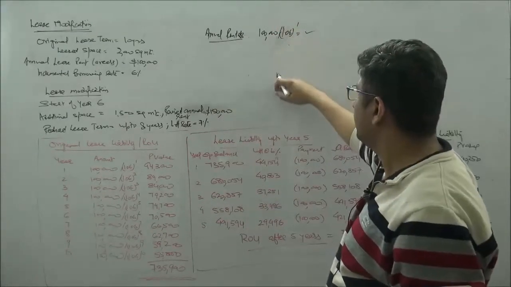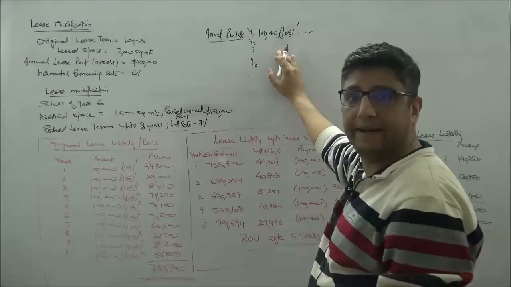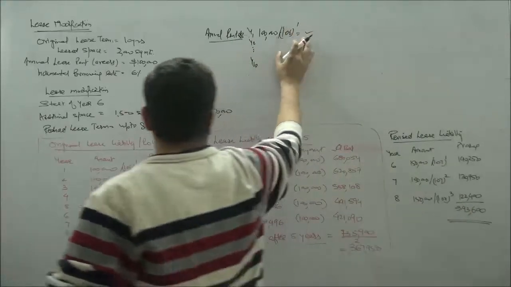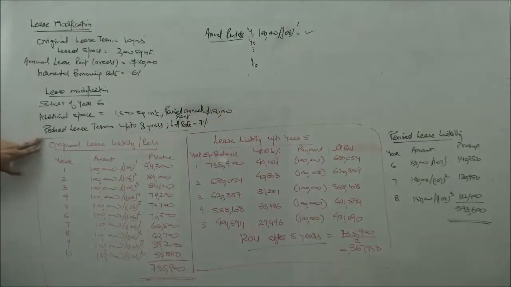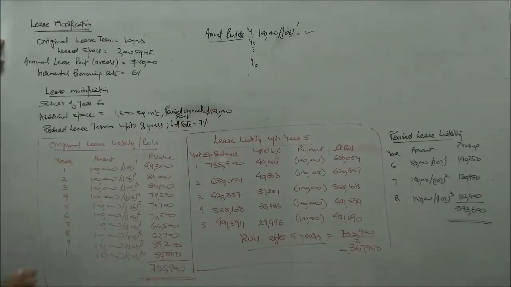I keep on doing it for year 1, year 2, up to year 10. And that's the same calculation which is given here. If you observe, it says original lease liability as well as the right of use asset, and I'm given the sequence of years 1, 2, 3, 4, 5, 6, 7, 8, 9, 10.